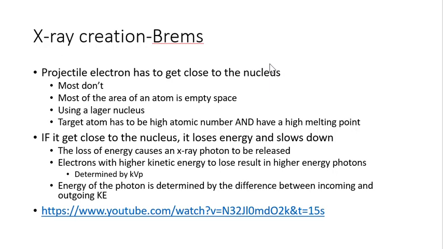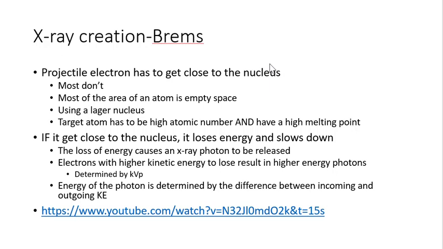Can we influence the likelihood that we're going to have higher energy X-ray photons created? Well, yeah, we can. Part of that is through the size of the nucleus, so we could change the target atom, but keep in mind the characteristics we need to demonstrate.